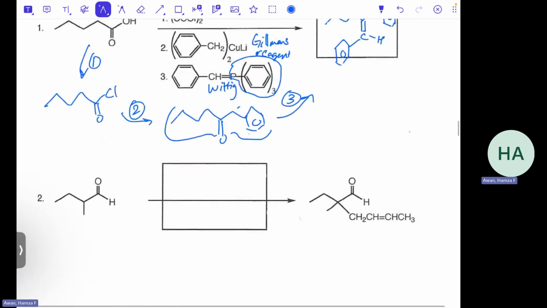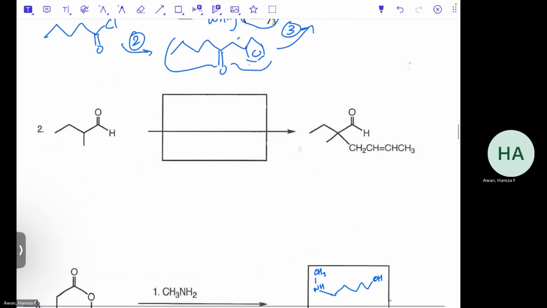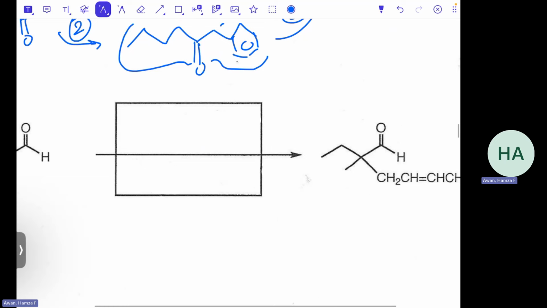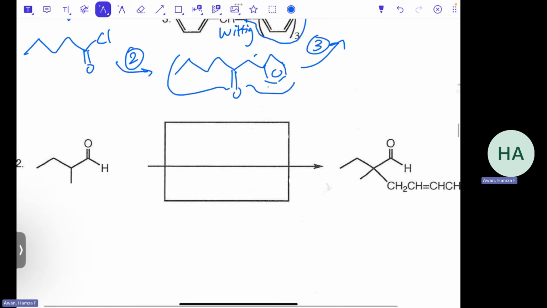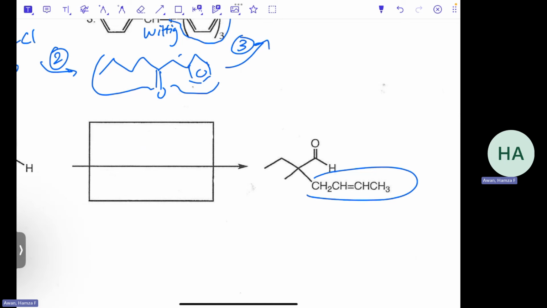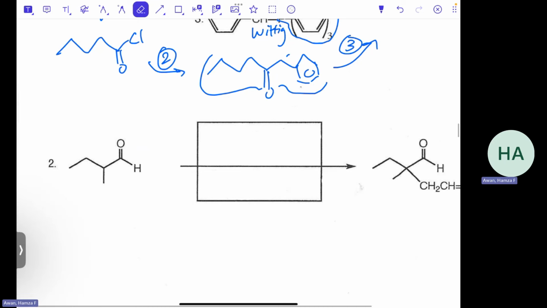All right. So for our next one, we have an aldehyde, and it's adding quite a group onto it, so this is going to be something to memorize.